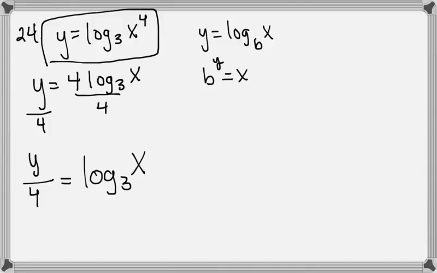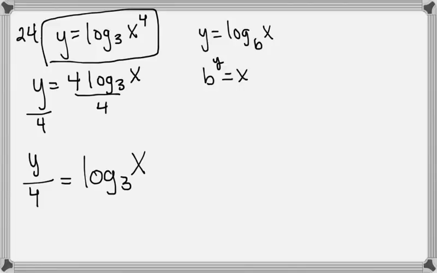Back up a minute. In order to do this, I take the exponent of what I'm taking the log of, and I bring that exponent out front to get 4 log base 3 of x. I want to get the log isolated, so we're going to divide both sides by 4 first. And then we have y over 4 equals log base 3 of x.